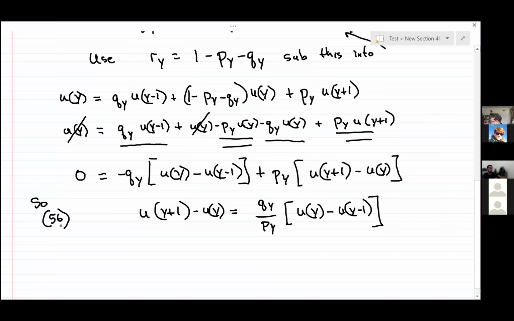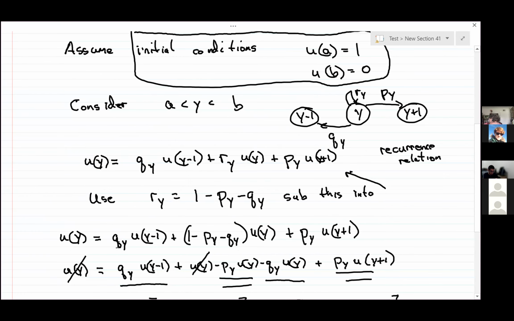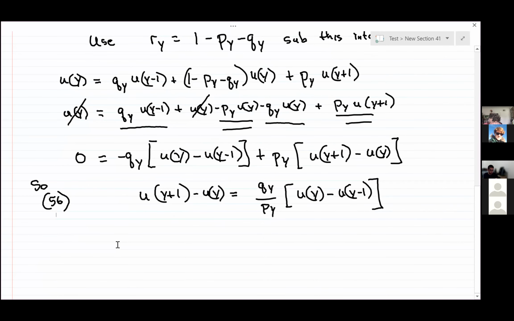Okay. Algebraically intense. Any questions so far? If you do have a question, if you're lost or didn't see something, it's good to ask. And what's the presumption here?